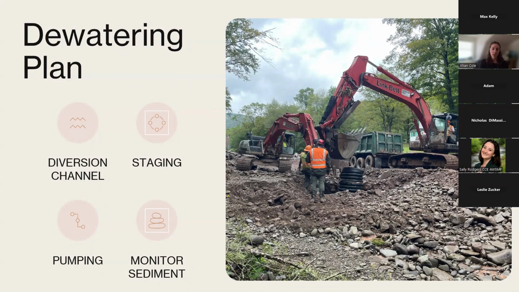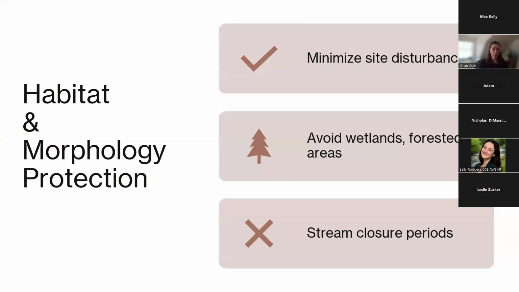And then if the project site is large or complex, staging construction may be required or beneficial just to limit the amount of open or exposed work areas occurring at one time. And when reviewing access and dewatering plans, you need to make sure that habitat and resources are protected.